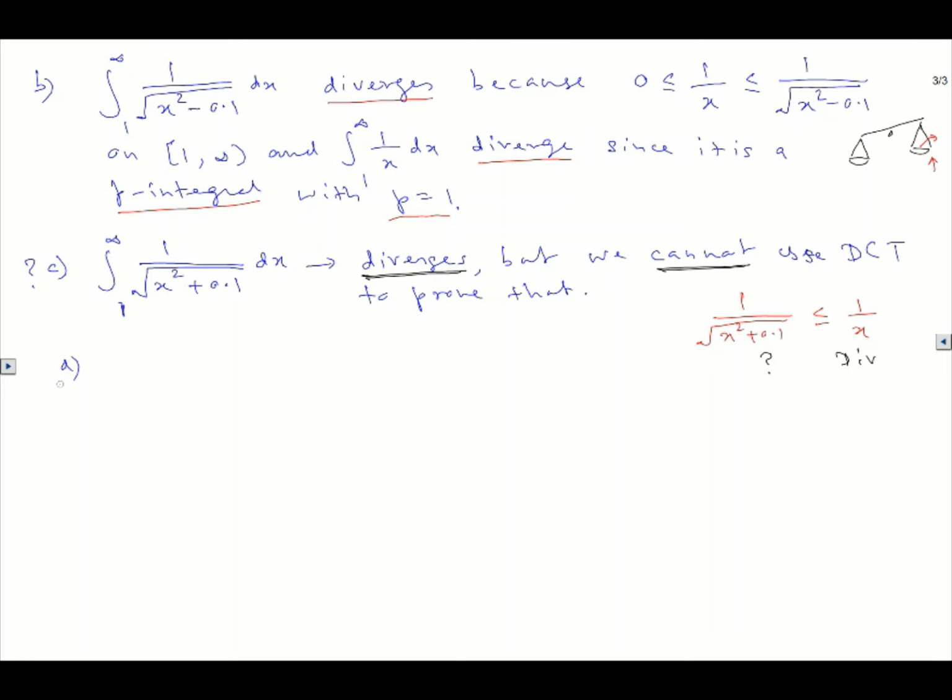So let's do another one. How about this one, because you also need to know what you cannot do, right? The test is also valid for type 2 integrals.